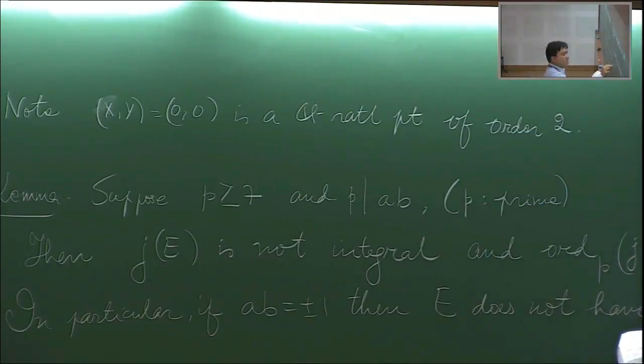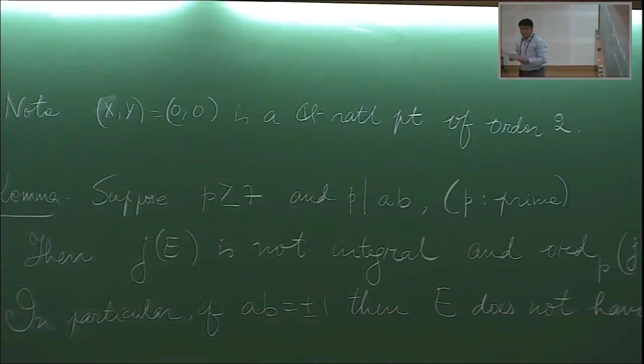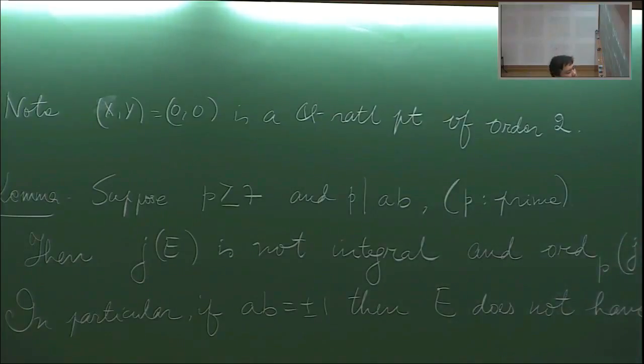What does this mean? If you go to Silverman, chapter 7, section 5.5, you see that this means the j-invariant of the elliptic curve does not belong to Z_p. This is from Silverman, not the advanced Silverman.